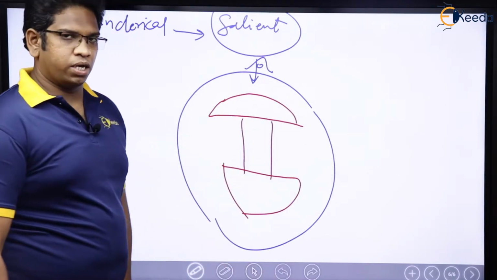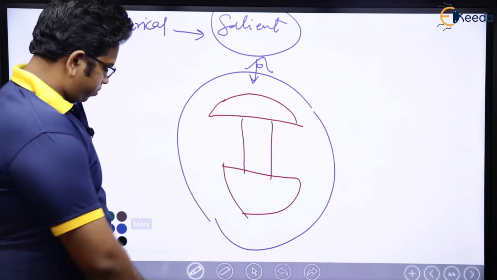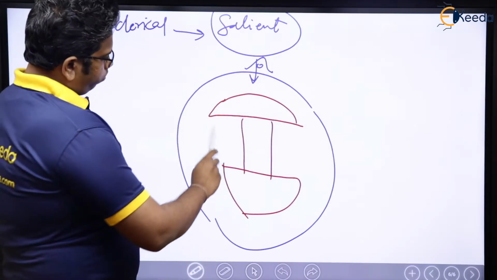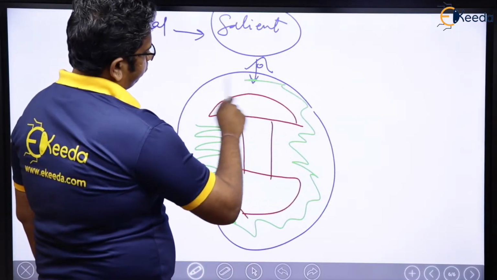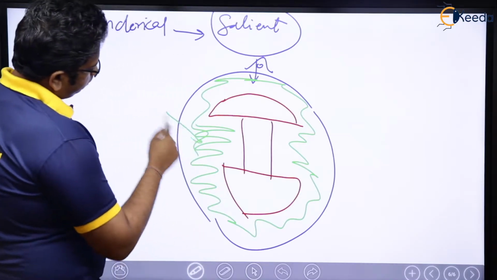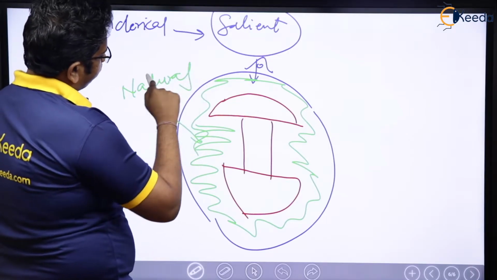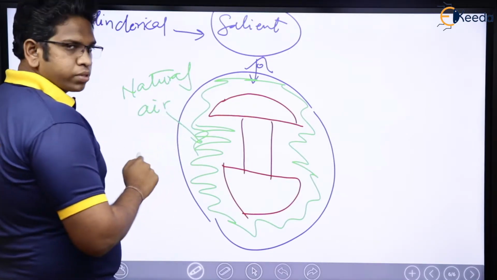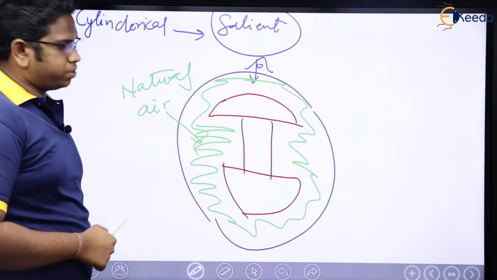Now, you please tell me here. See, focus, very easy. Do you believe that in the air gap there will be some air? Air will be there in the air gap, of course. So let me call this natural air. This is all air gap, right? So air will be there in the air gap. What else can be there?